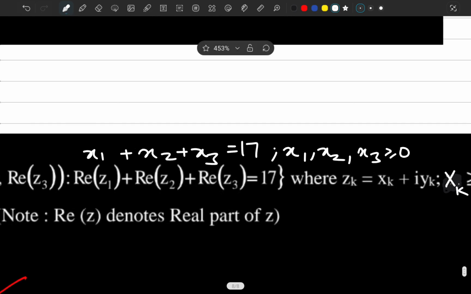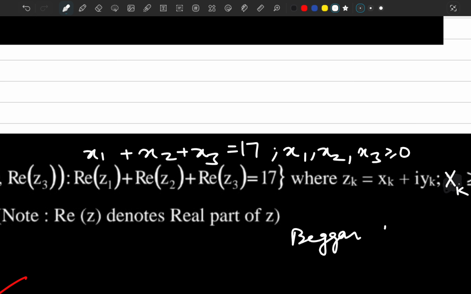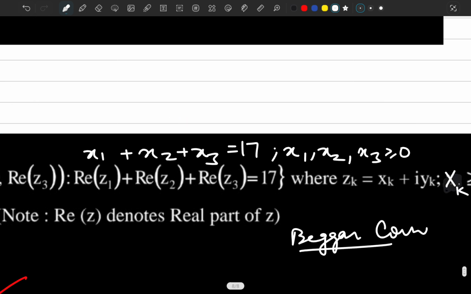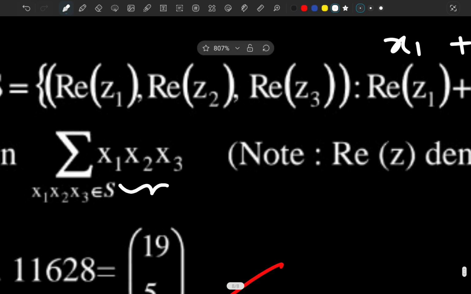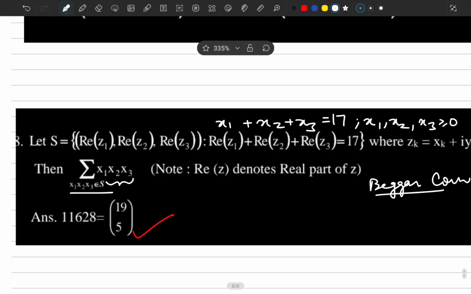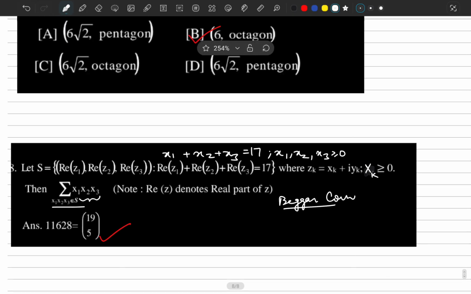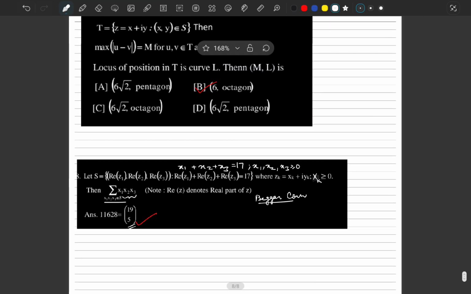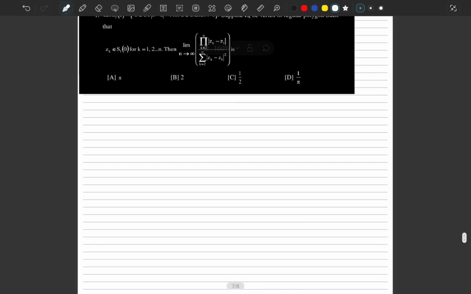You usually apply the beggar coin method here, but not, the problem is different. You have to find the product of all such possible complex numbers, right? Answer is 19c5. It is a good problem. You have to try on your own.